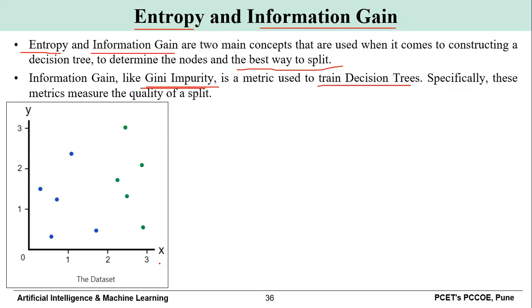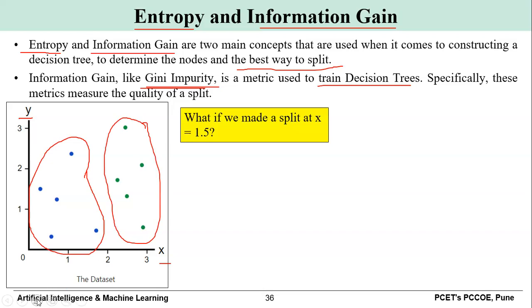So here you can see the data set having values x and y plotted on their corresponding axes, and you can see that there are 5 blue dots and 5 green dots.